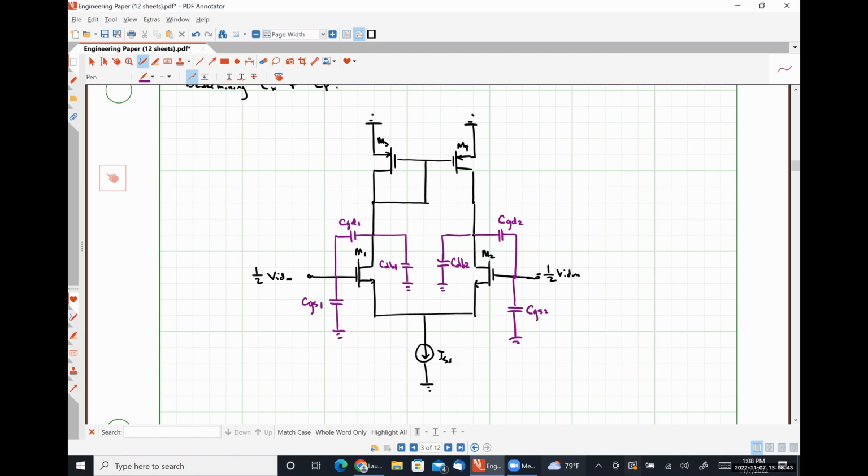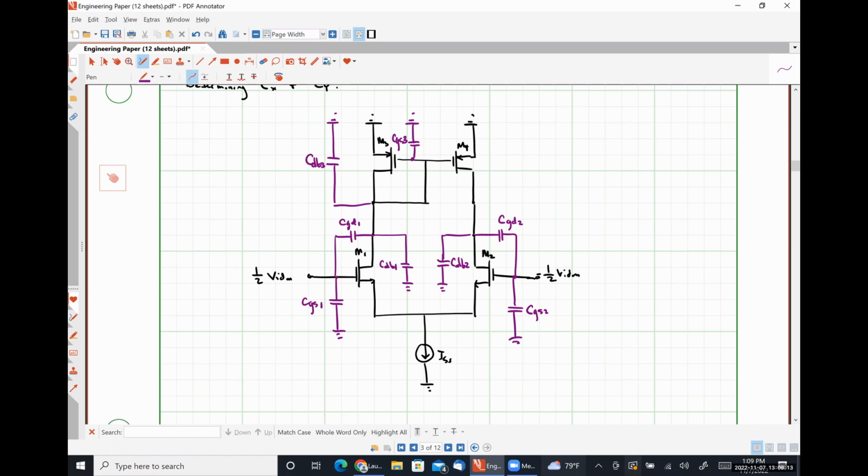Now let's work on M3. So between our gate and ground, you're going to have this guy, CGS3. We are not going to have one between our gate and drain because it's shorted out by that diode connection. So here's CDB3.